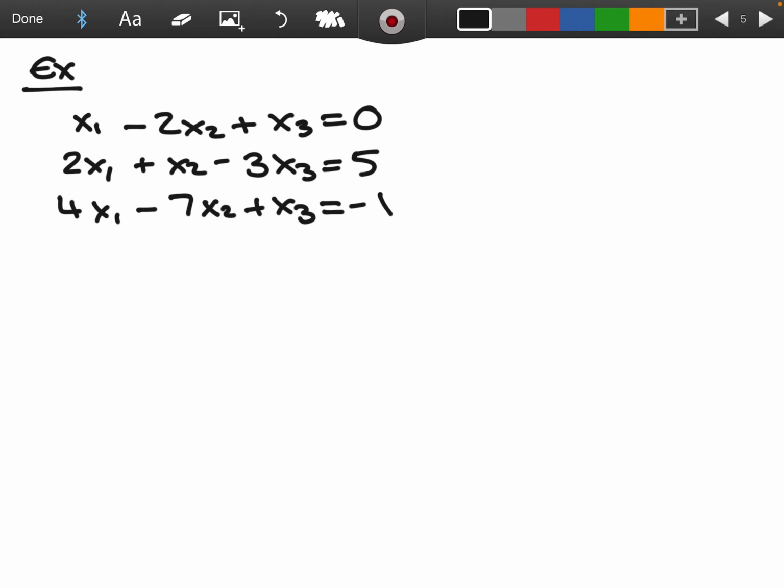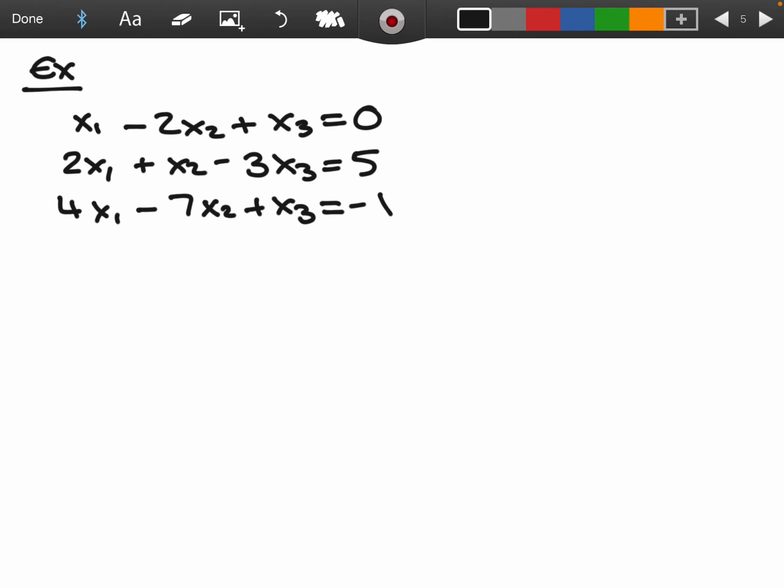The way that you actually do this is by elimination of variables below the equation that you start with. Let me go through that. What you want to do is eliminate x1 from every equation except for the first equation. Then eliminate x2 from every equation except for the second, and x3 from every equation except for the third.